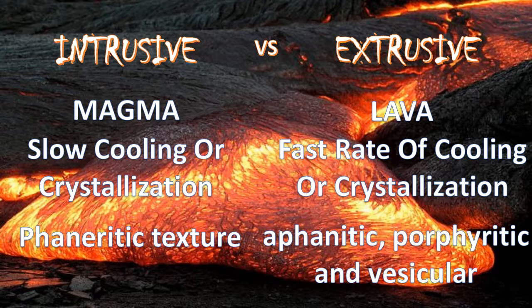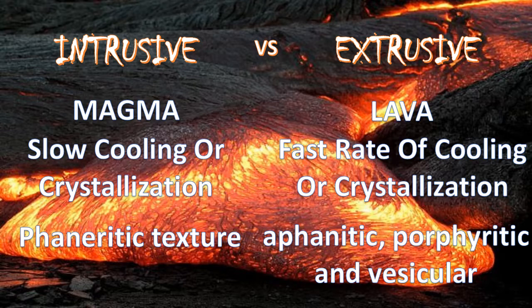So when we say magma, it is below the surface of the earth. It is formed through slow cooling or slow crystallization and has phaneritic texture, or what we call coarse texture, or magaspang.